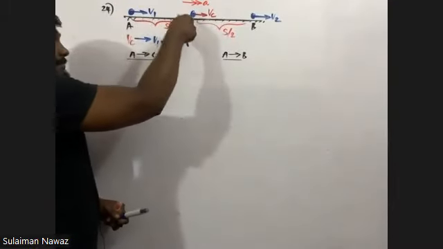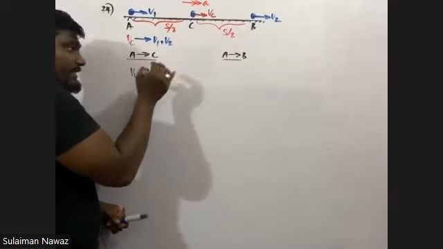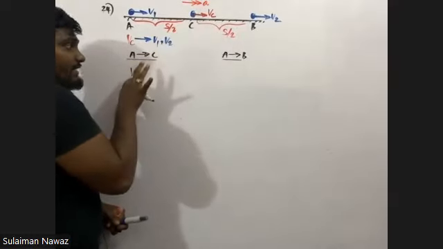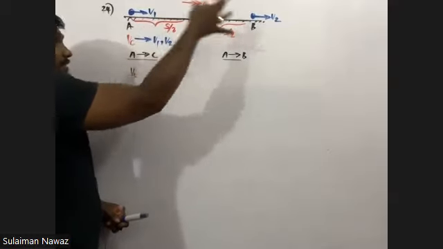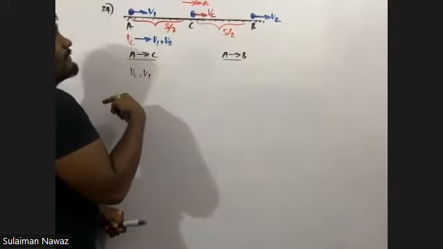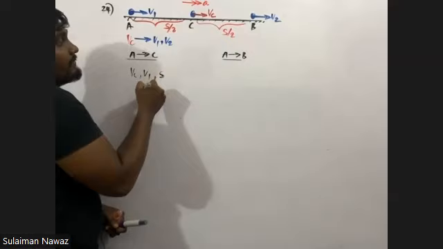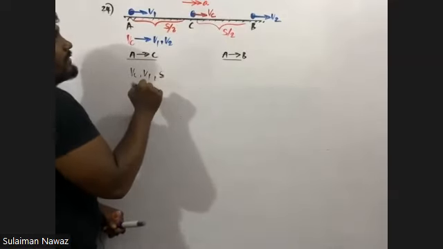When you consider A to C motion, somehow in my equations there must be VC, right? Because I want to find VC. Somehow V1 must be there, A to C means V1 must be there. Somehow my linear motion equation must include displacement S over 2.